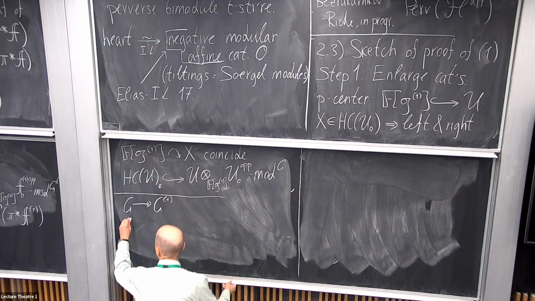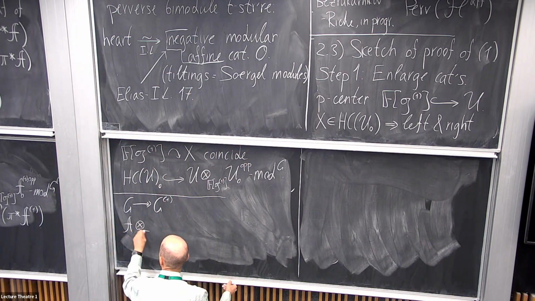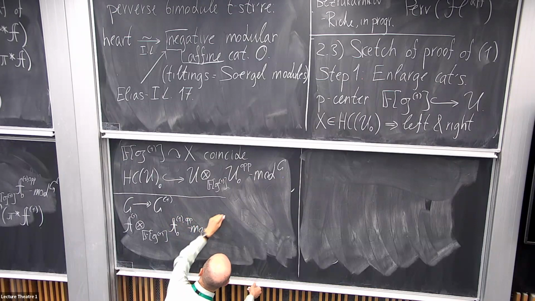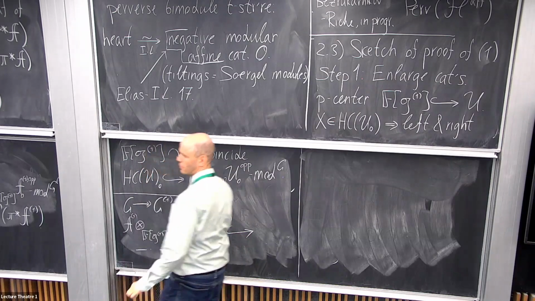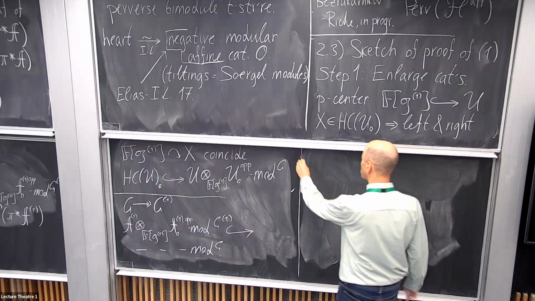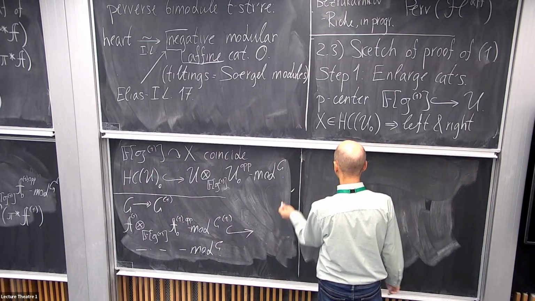So I have that this category of bimodules, well, everything is Frobenius twisted, is a full subcategory inside the same gadget, but equivariant with respect to G. Okay. So that's step one.